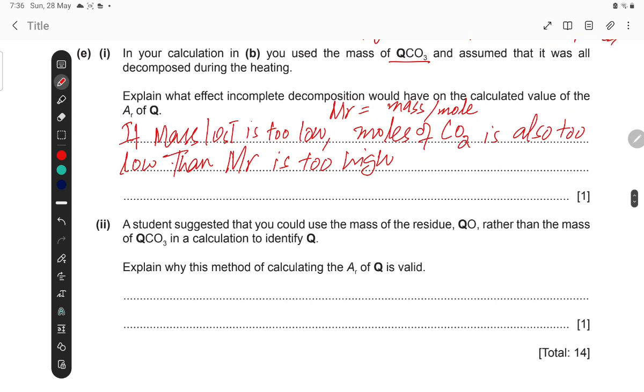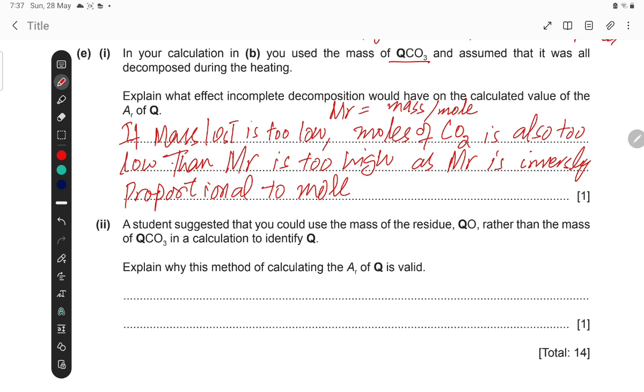So we know that Mr is inversely proportional to mole.